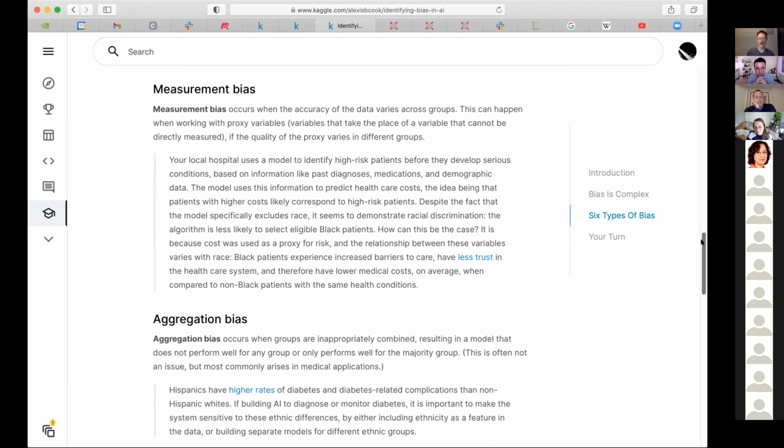And if you have some subset of your population that, for a variety of reasons, is less likely to come in for maintenance or preventative type visits, then their lower costs to date may not be an appropriate indicator of future risks.